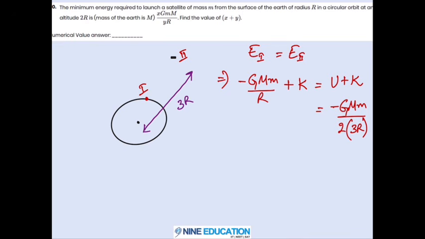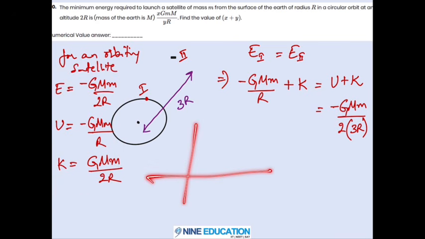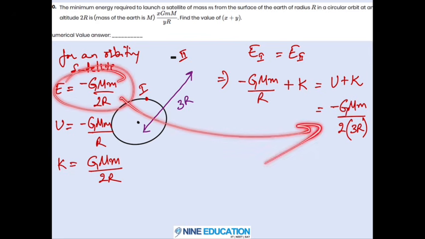For an orbiting satellite, total energy is minus GMm by 2r, potential energy is minus GMm by r, and kinetic energy is GMm by 2r. This is something you need to remember. We got a question on this earlier, that graph question. Remember? So I'm writing the total energy formula directly here.